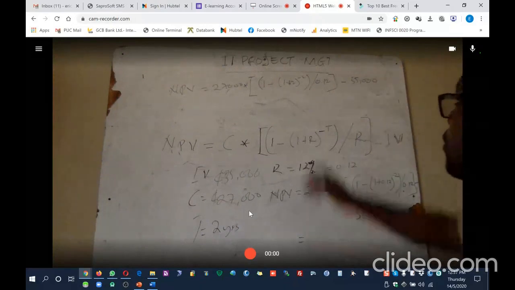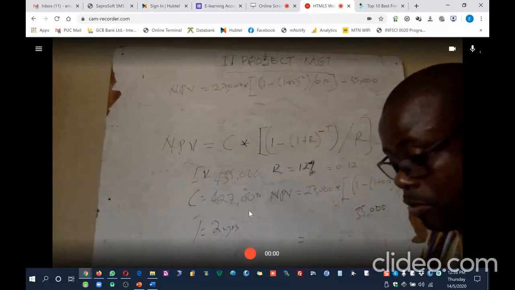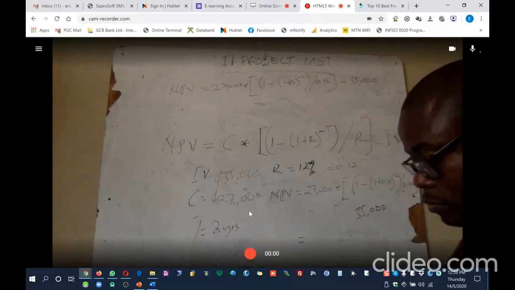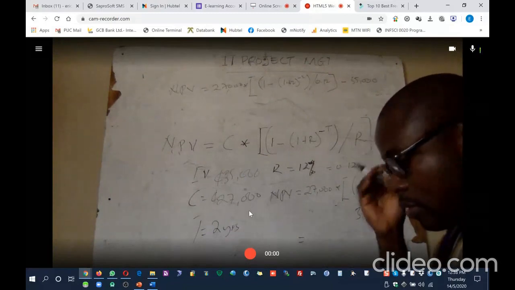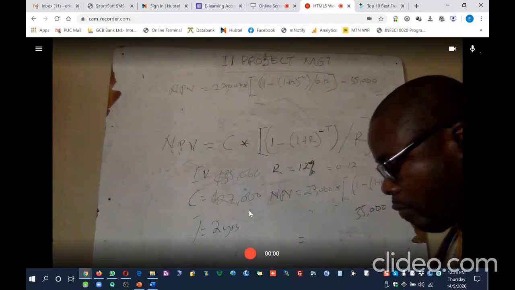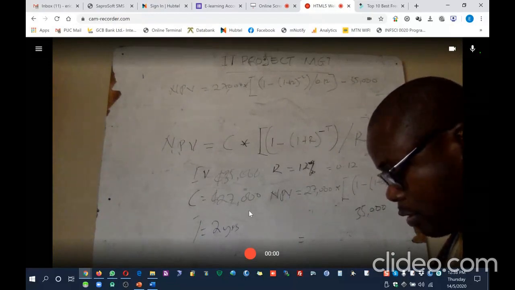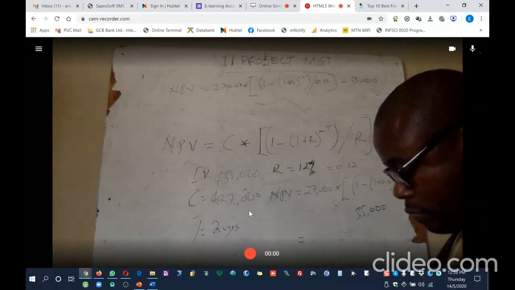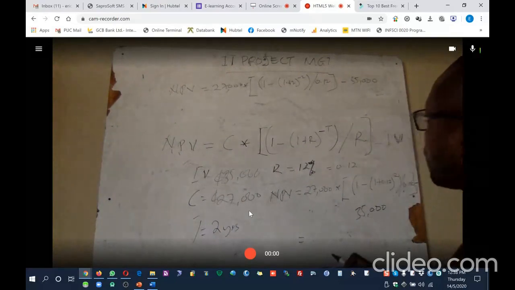So let's now raise this to the power -2, and see quickly. So we're going to put my scientific calculator on. It becomes 1.12 raised to the power -2.